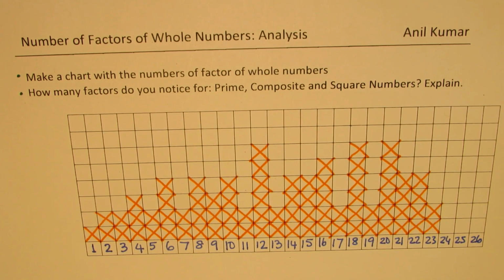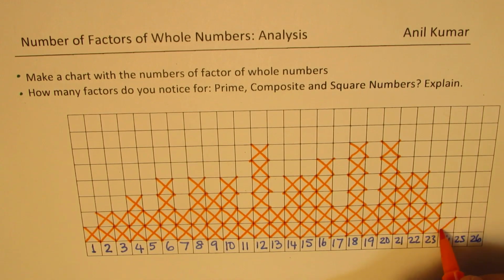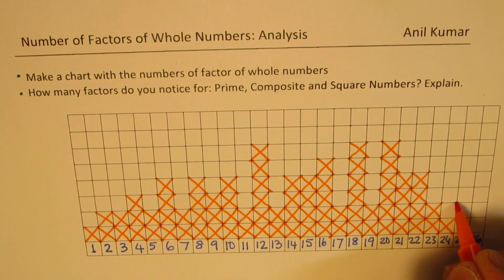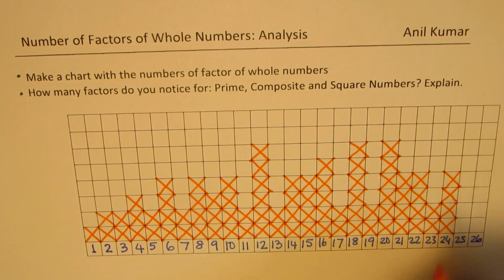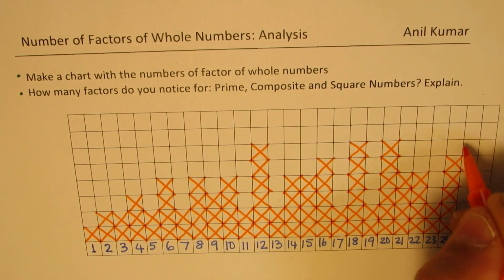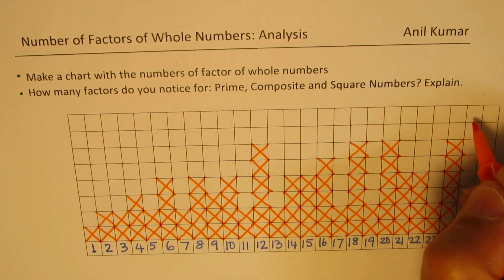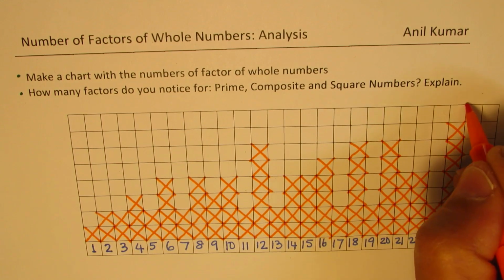Now, as far as 24 is concerned, we know 1 times 24, right? So we have 1 times 24, then 2 times 12, 3 times 8, and 4 times 6.